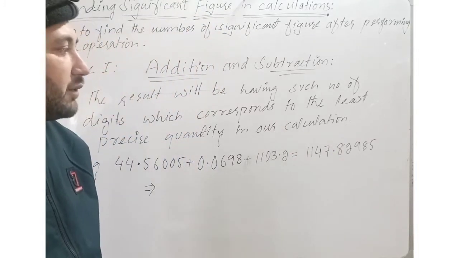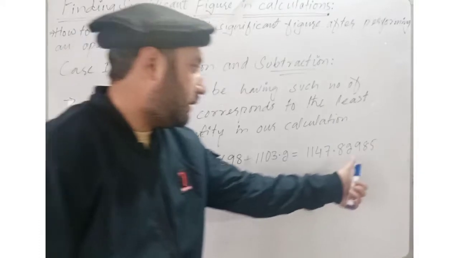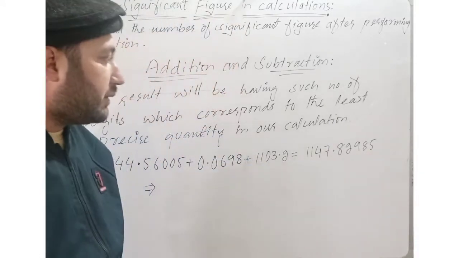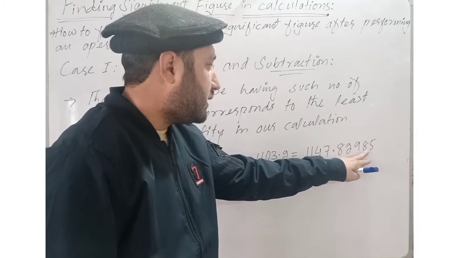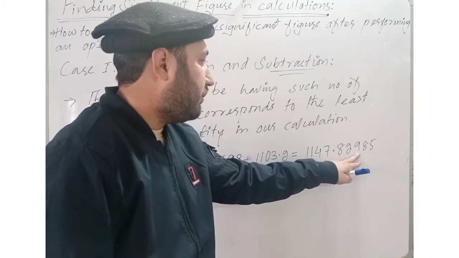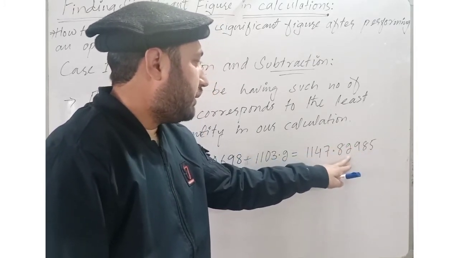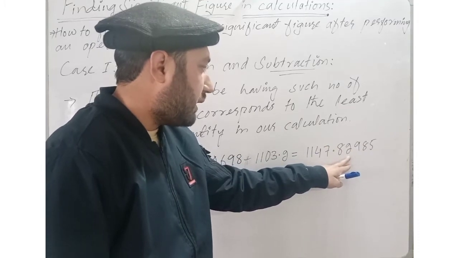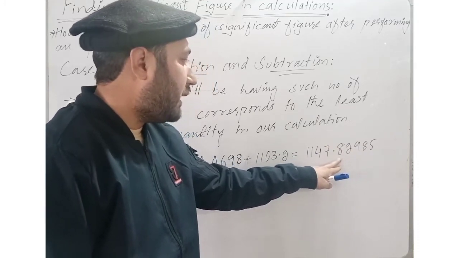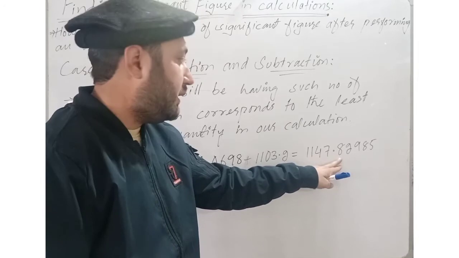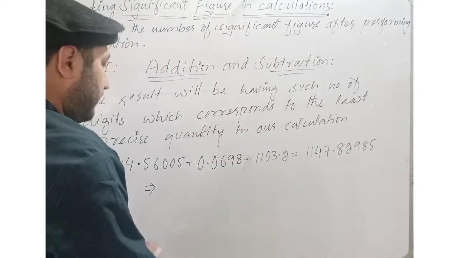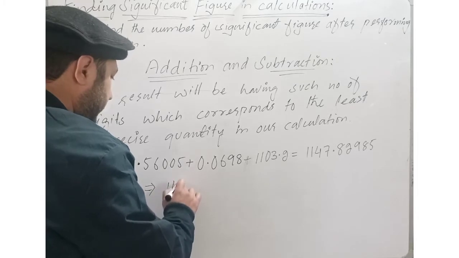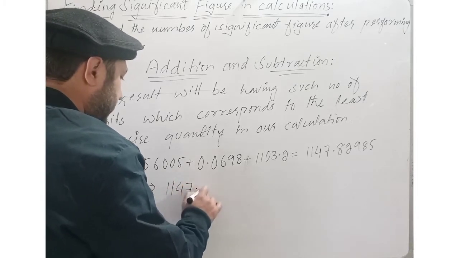So for that we are going to round off the trailing digits. You can see we are having 5, so the even number will increase, so 9 becomes 10, so it becomes 3, right? So it is less than 5, so it will remain the same, the leading term will not change. So the final result will be 1147.8.